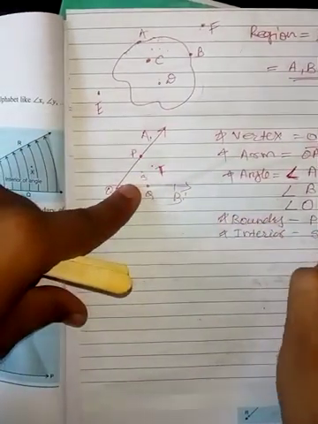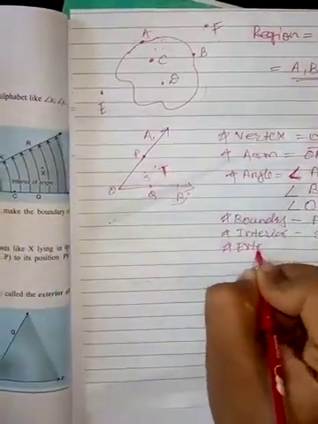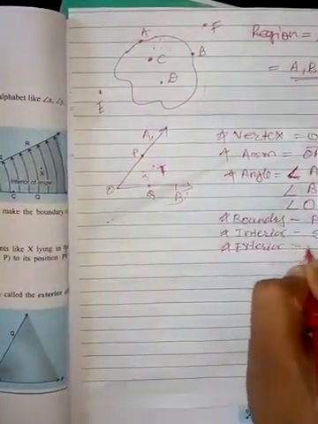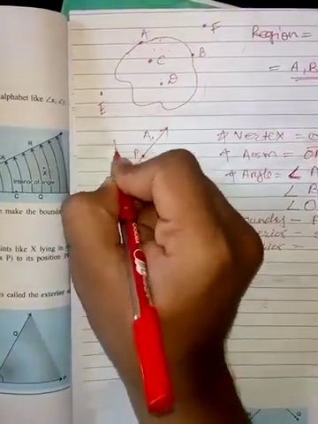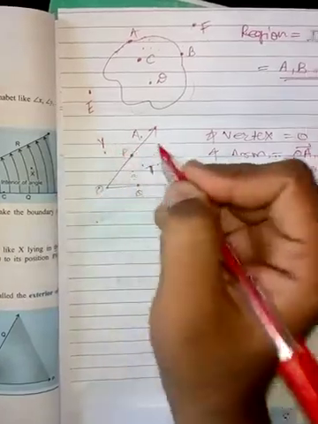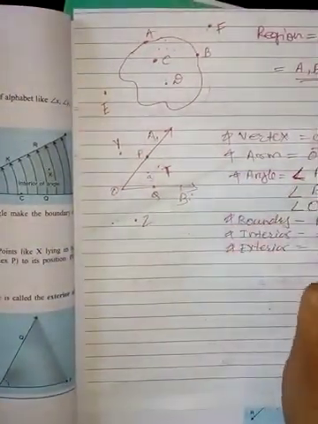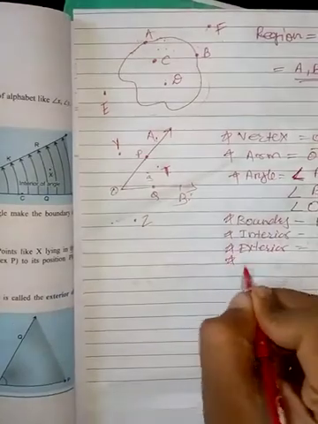Point S and point T. Exterior of the angle, suppose we put here point Y and point Z, they are in the exterior. And now fourth is the region.